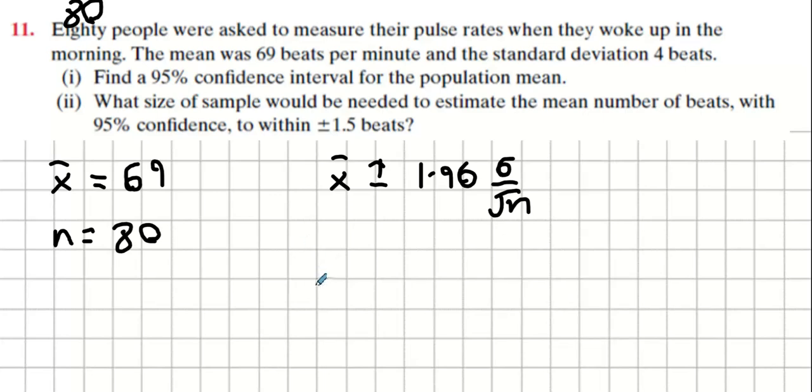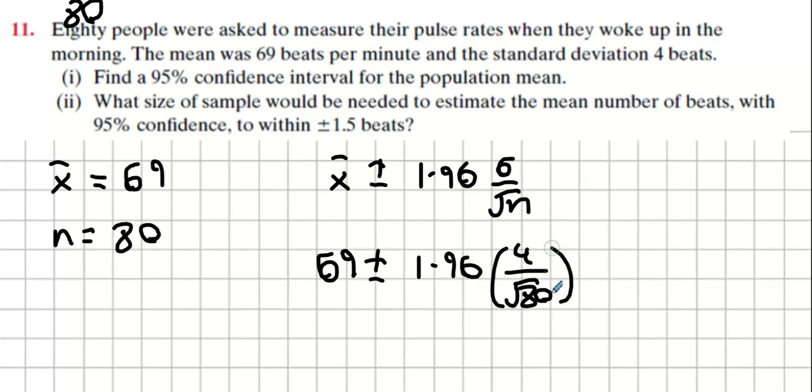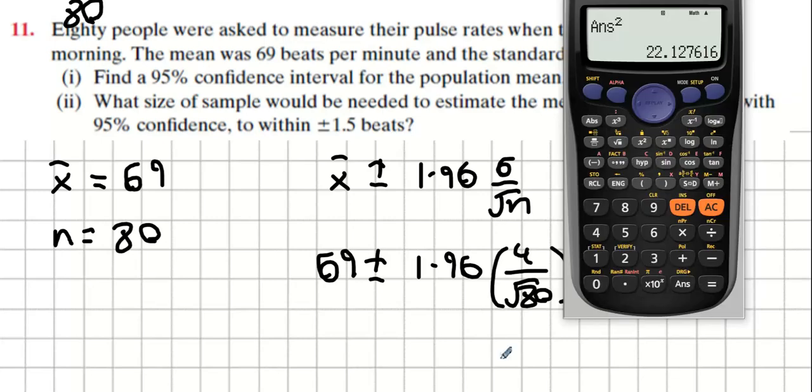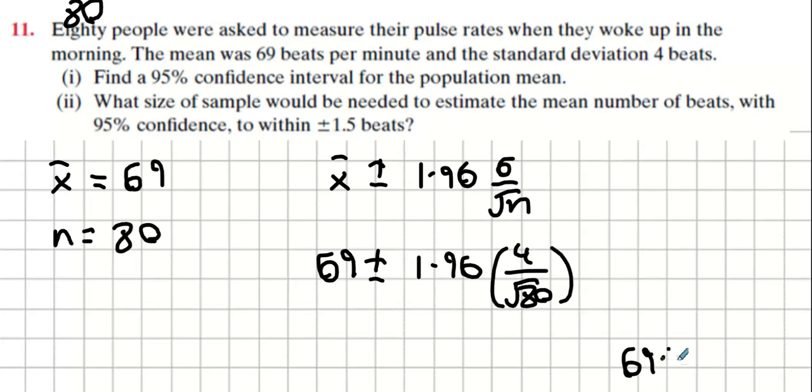I'm going to do 69 plus 1.96 times 4 over root 80. Put it all into the calculator. I get an answer of 69.87 or 69.88 as the higher one.